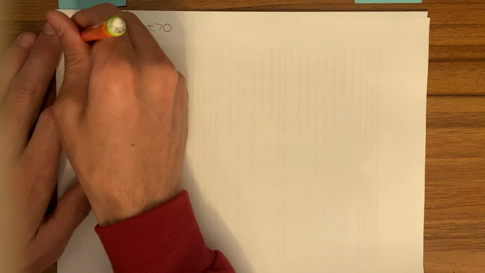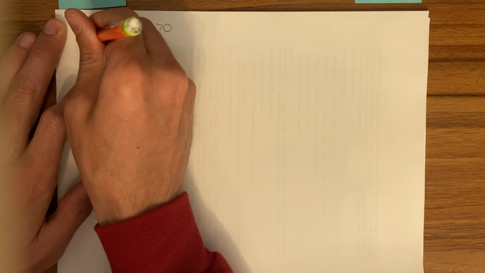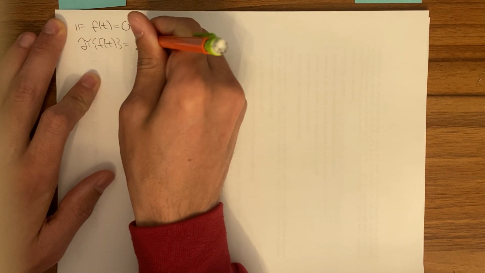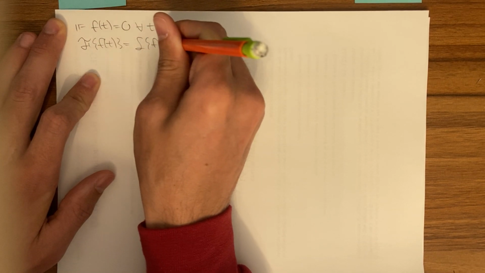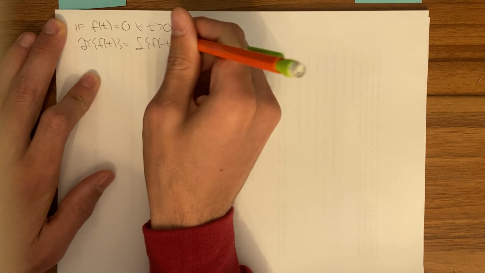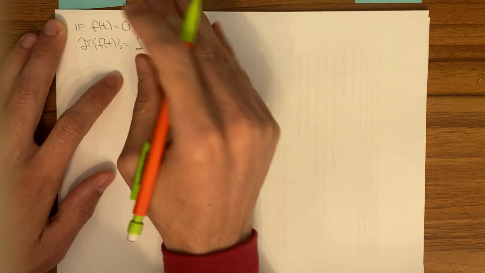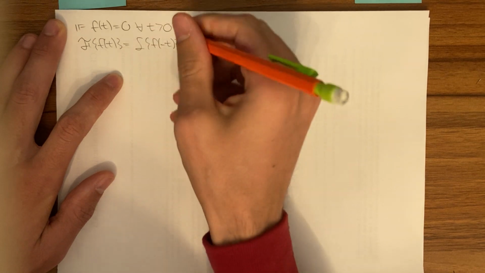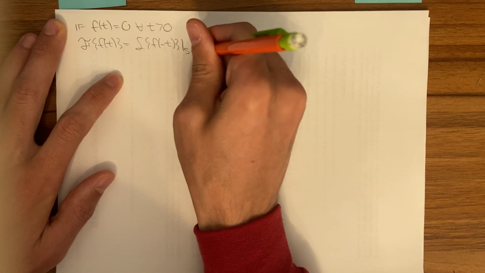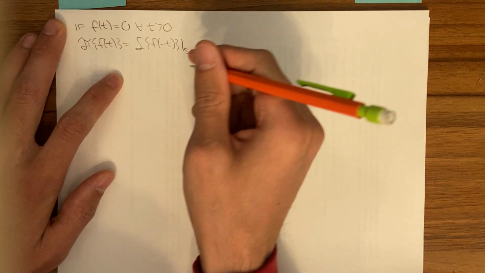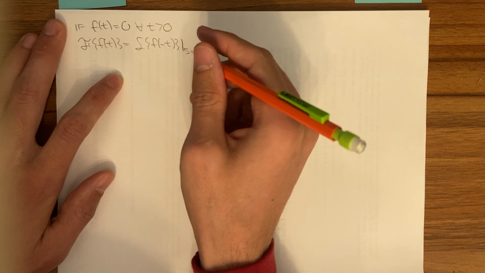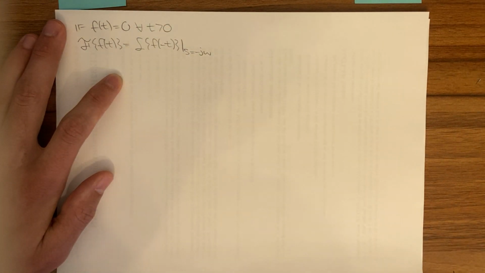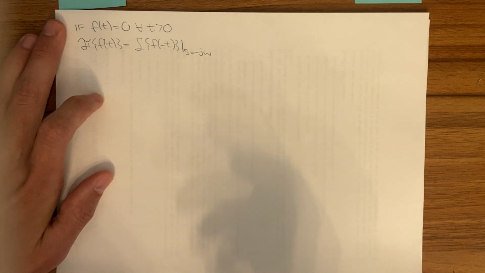So, formally then, the Fourier transform in this situation is just the Laplace transform, but we flip f of t around the y-axis. Okay, and then we evaluate s equals minus j omega.